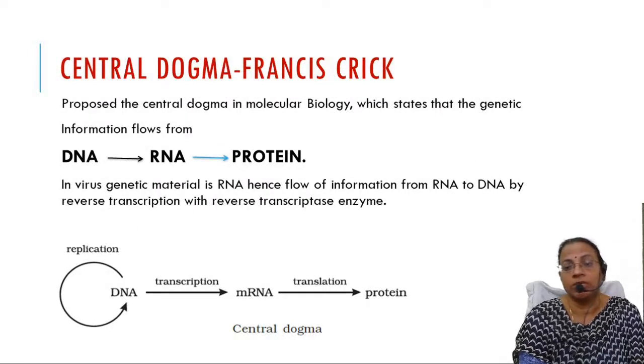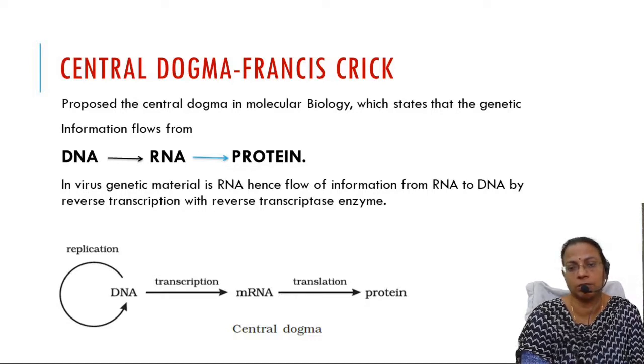The next one: we have learned that in majority of organisms, DNA is acting as the genetic material. Then how is this DNA controlling the characteristics of an organism? In all organisms, the characteristics appear in the form of a particular trait, and that trait in turn is controlled by protein.